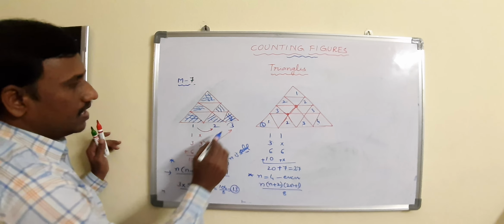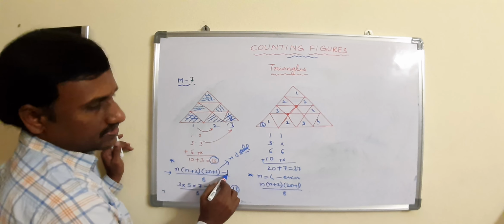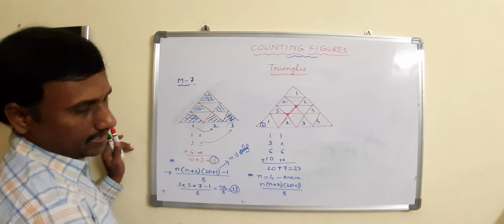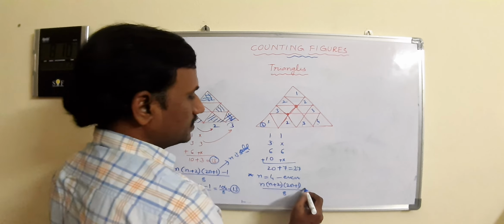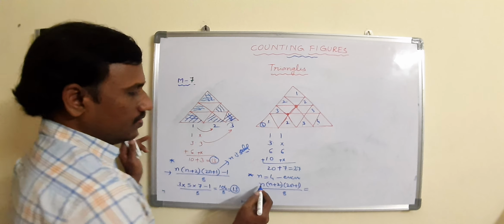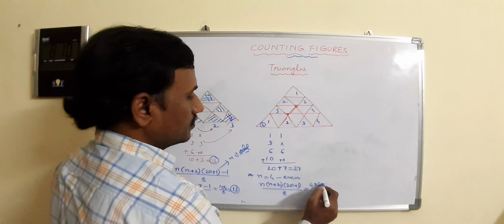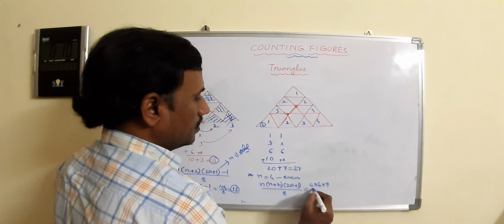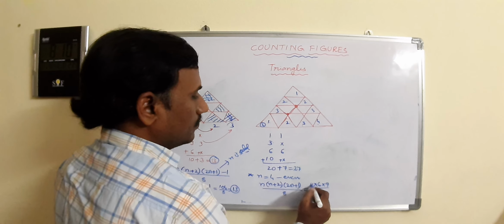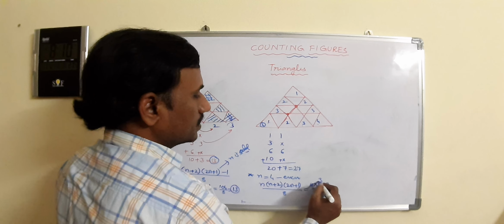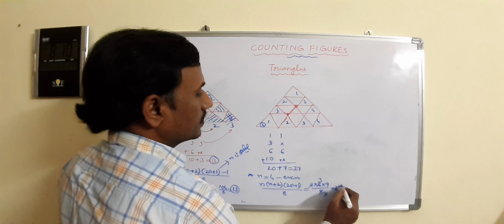Whenever we have an odd number of partitions, the minus 1 is extra. That is the only difference. Now substitute and check whether our answer is correct. n is 4: 4 into 4 plus 2, which is 6, into 4 times 2 is 8 plus 1, 9, by 8. 4 times 2 is 8, so 3 times 9 is 27.